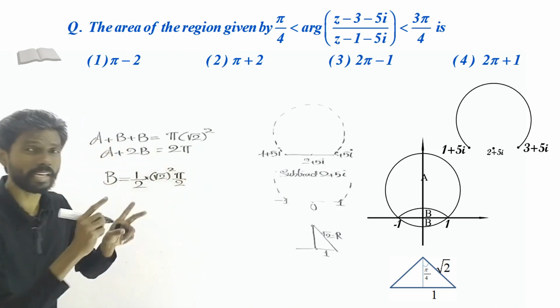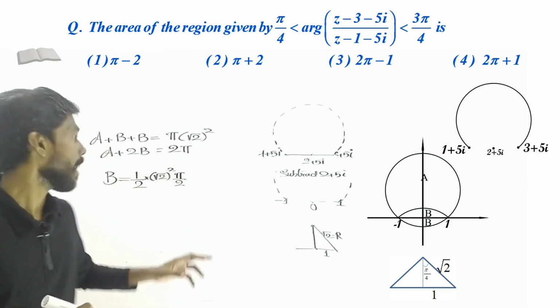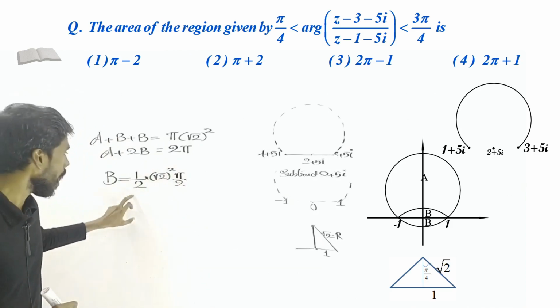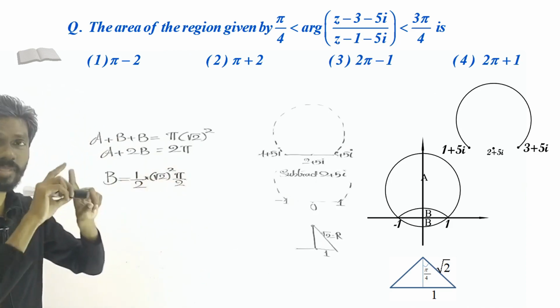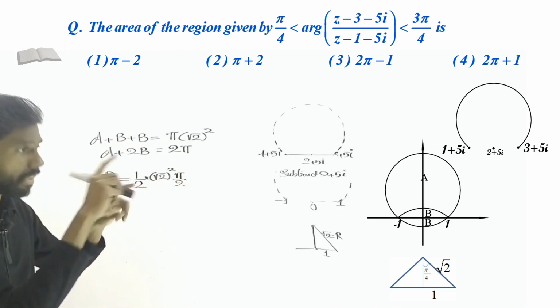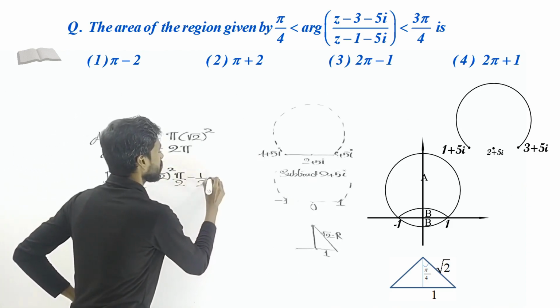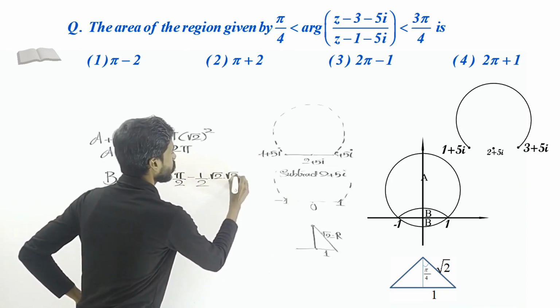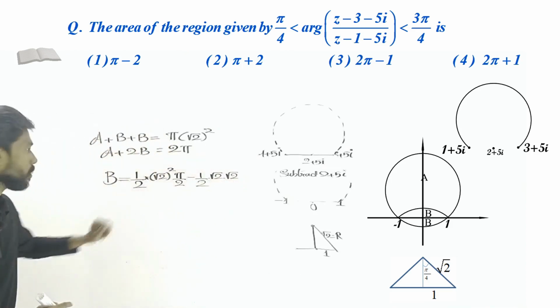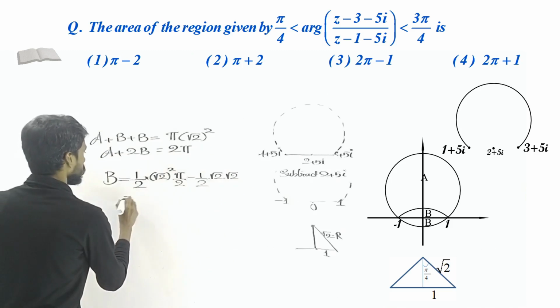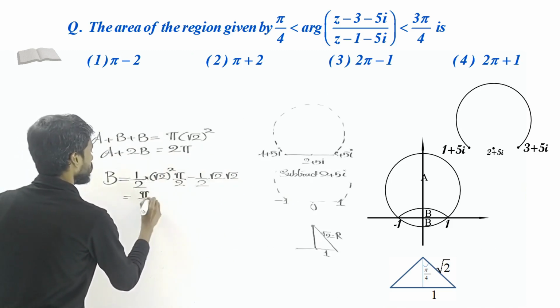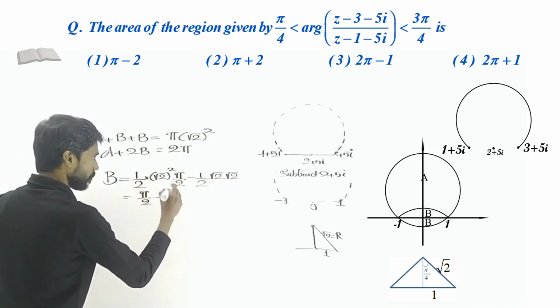For that sector, the angle is pi by 2 and the radius is root 2. So half r square theta. So that is the area of the sector minus area of the triangle. That triangle is right angle triangle, right? So minus half base is root 2, height also root 2. Two adjacent sides, right? So root 2, root 2. That's it. So this will give you our required answer. So pi by 2 minus, that is 1.